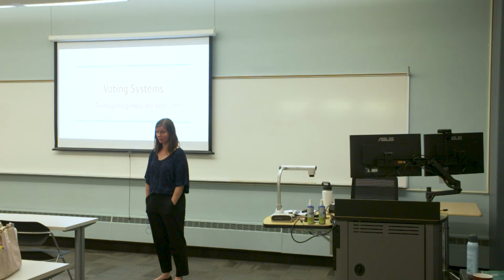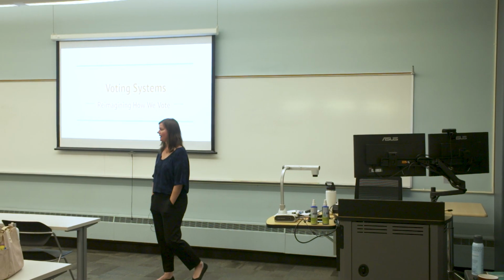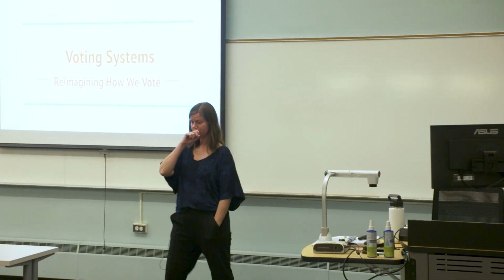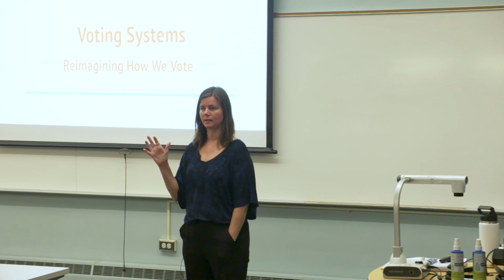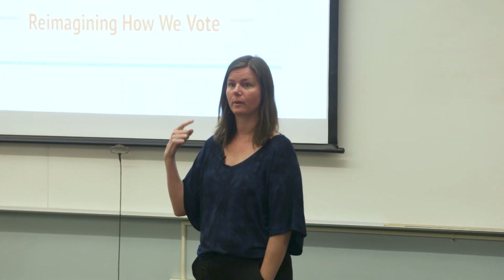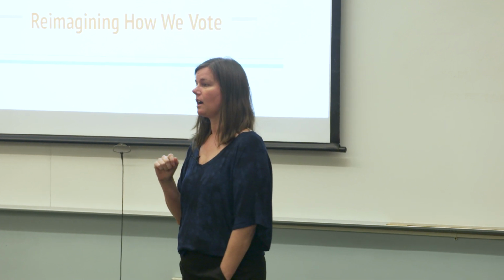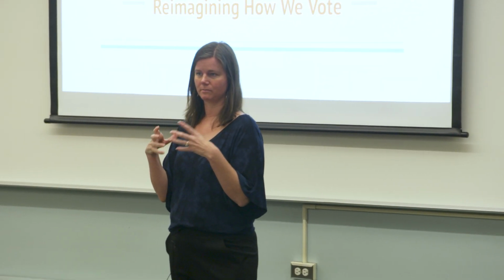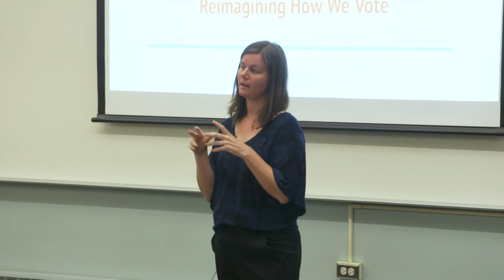I'm a math professor here at GRCC, and I am particularly interested in areas of math that kind of overlap with politics. So in particular, redistricting, so how we draw district lines to determine how we're grouping people to select representation.